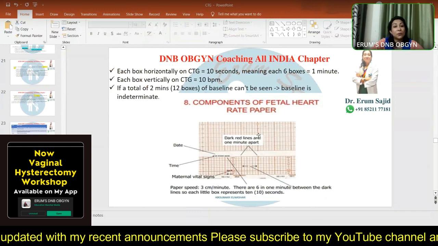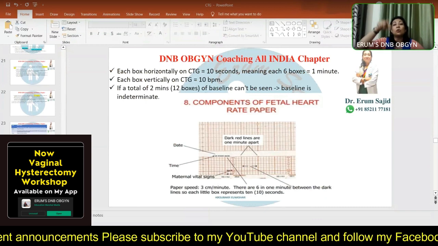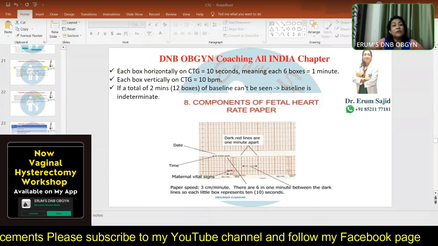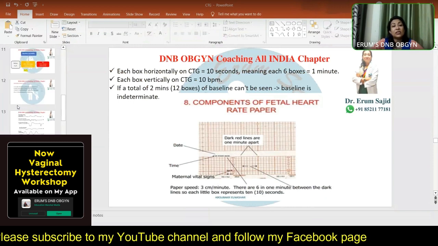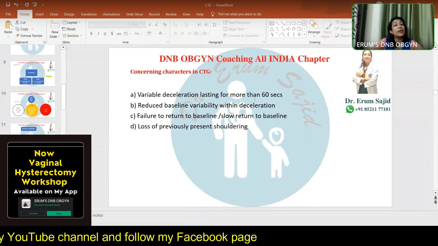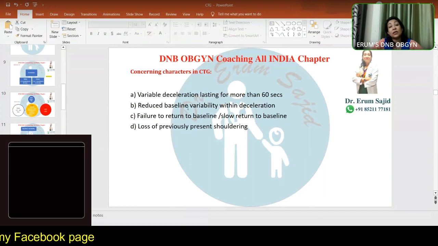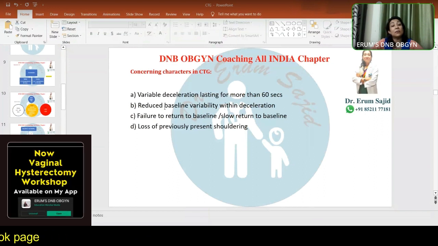Usually it doesn't happen that way. A deceleration comes like a very narrow zone and goes back mostly. But if a deceleration lasts for more than 60 seconds, it's a concerning characteristic. Another is that every time the decelerations come, the beat to beat variability has reduced.